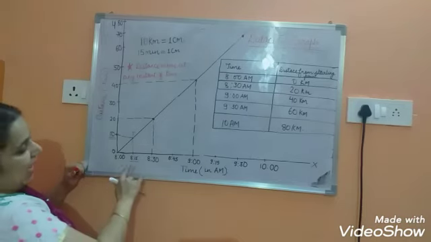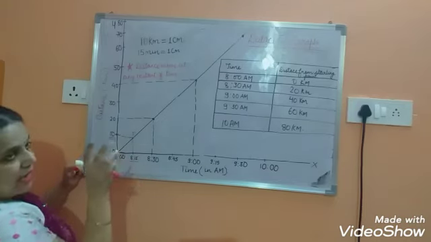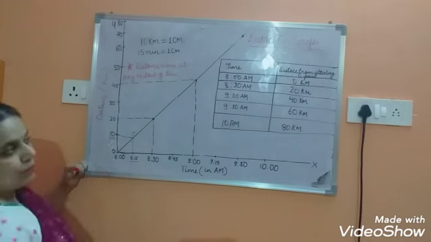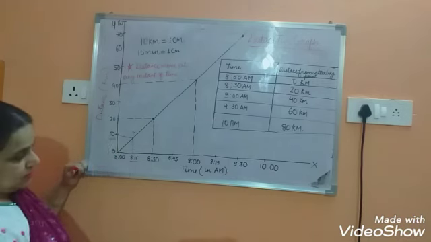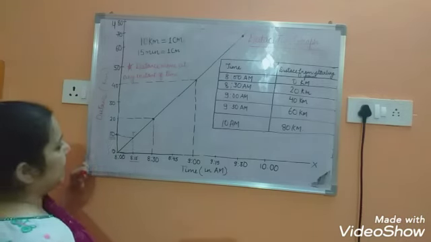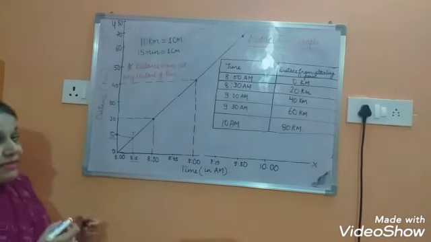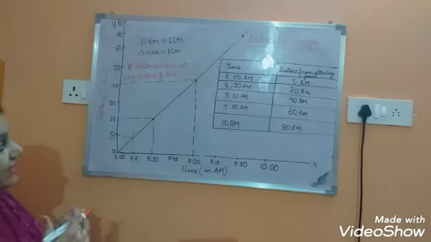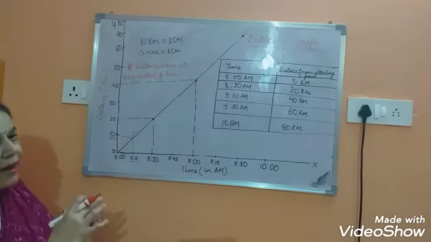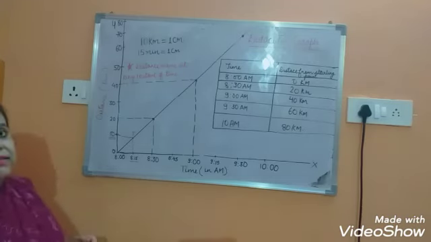That means at 8:15, that object has moved how many kilometers? 10 kilometers. In the same way, we can find the distance traveled by the object at any instant of time.